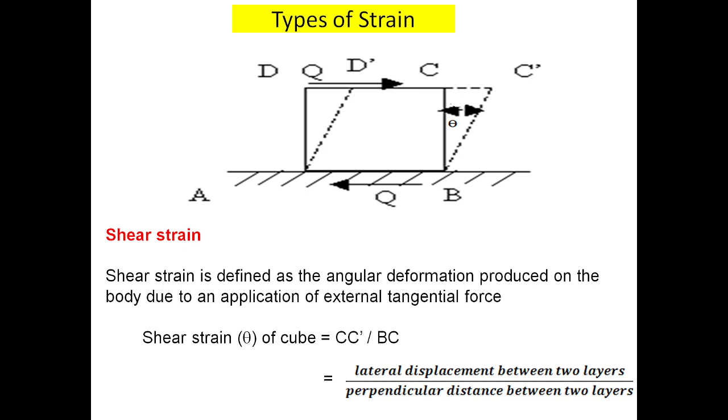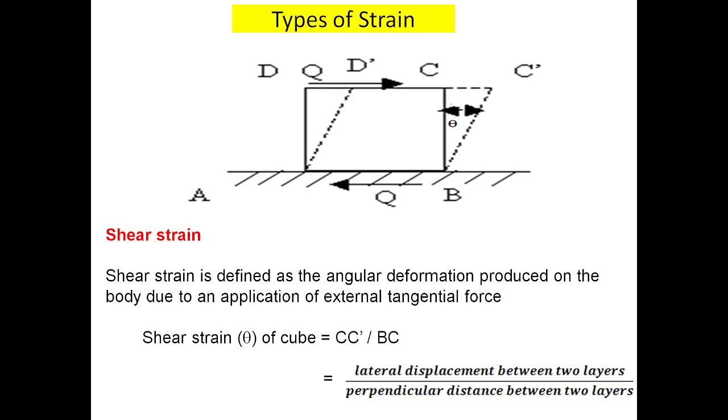When we apply a force on the CD face, there will be a change in the shape of the rectangular slab. By applying the force at the upper surface, D will move to D dash and C will move to C dash, so an angle will be produced. This type of deformation is said to be a tangential strain or shearing strain.